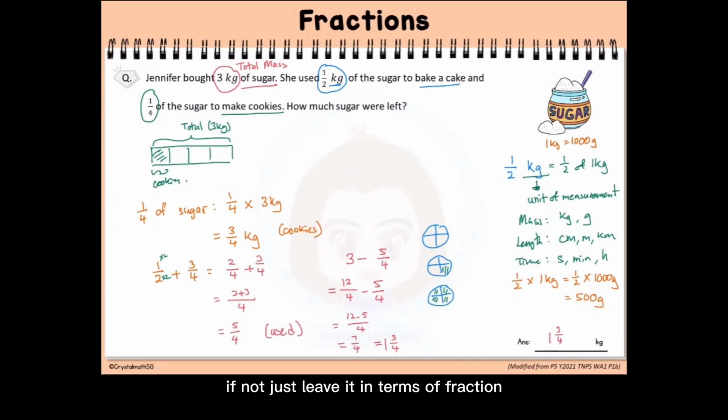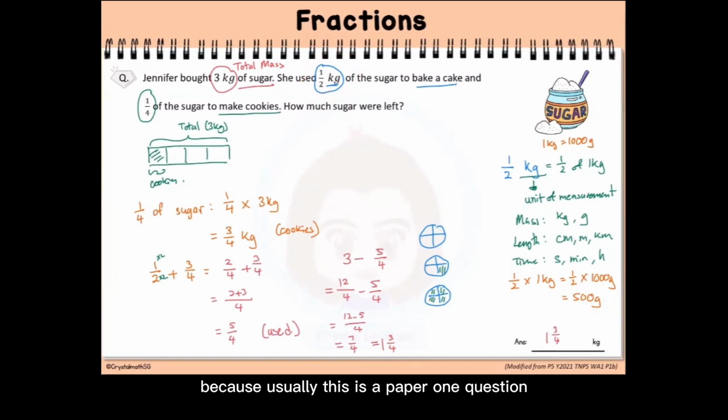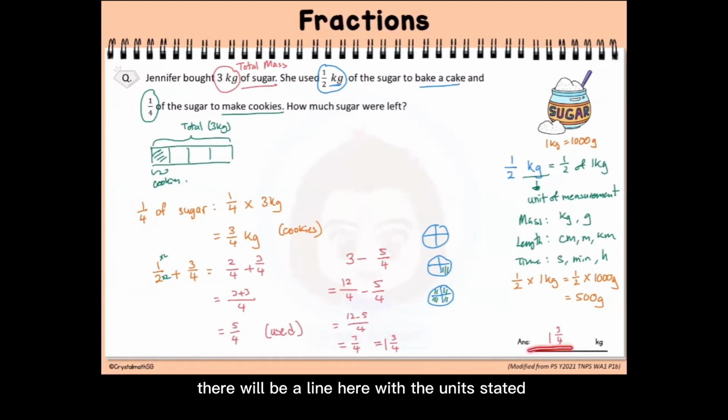Just leave it as a fraction and solve in fractions, because usually this is a Paper 1 question. There will be a line with the units behind, and they will definitely show kilogram, so you can't put your answer in grams. Please don't change, because after you change, you need to change it back, and there might be a careless mistake if you do not change it correctly. That's all for today's question.